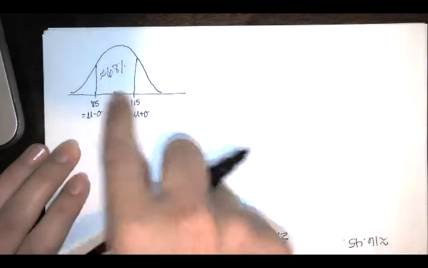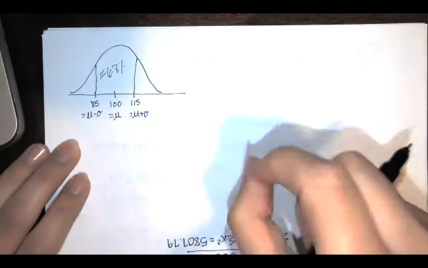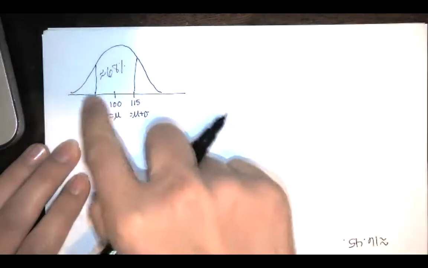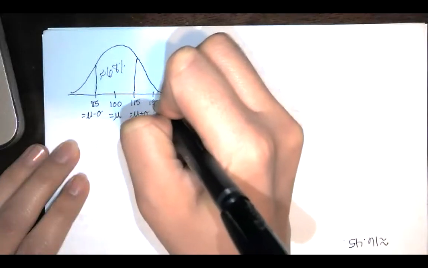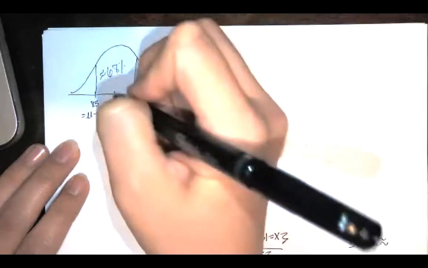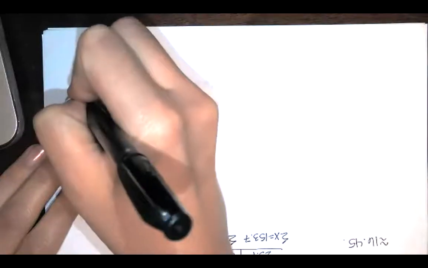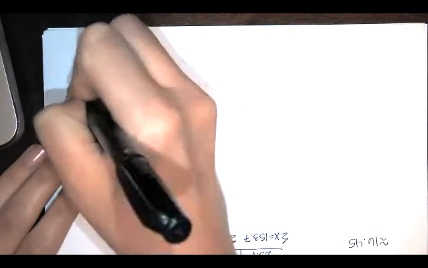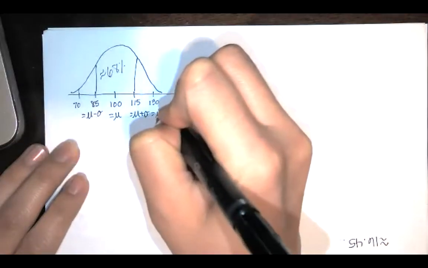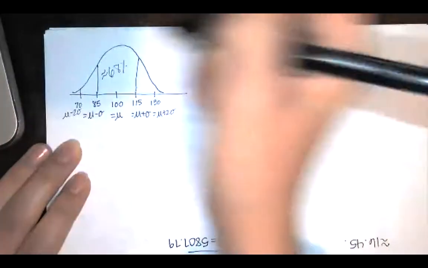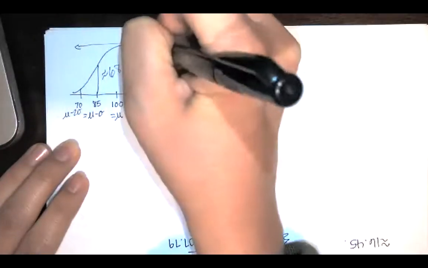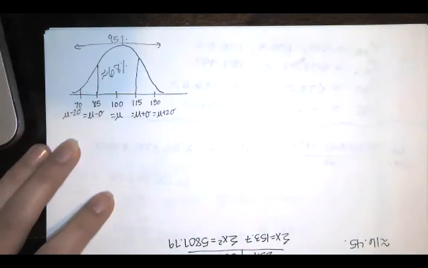But they didn't ask about 85 and 115, they asked about 70 and 130. And actually 70 and 130 are the values that we get next if we add another standard deviation here, and we subtract another standard deviation here. So that is within 2 standard deviations of the mean. And within 2 standard deviations of the mean, we have about 95% of all data.